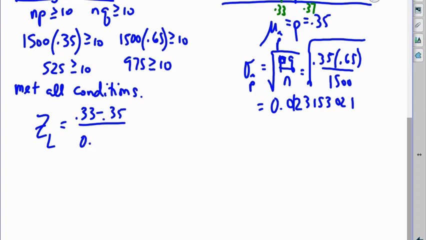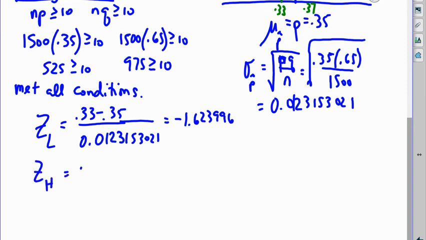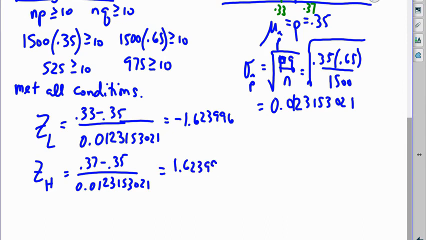Okay, let's use that number. So my z low was around negative 1.623996. My z high is going to be the 0.37, and so that is 0.323996, I mean 1.623996.